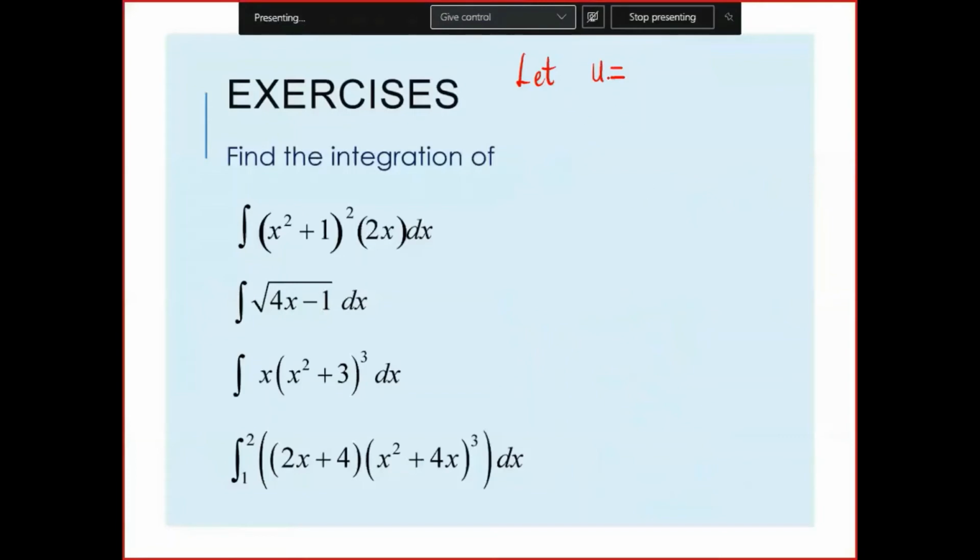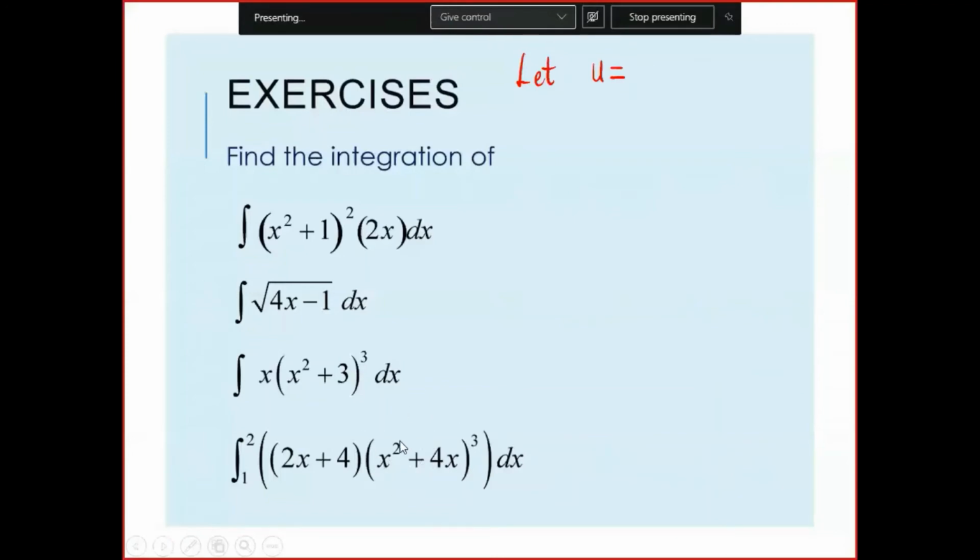Now, how to choose the u? We choose the complicated one. Which one is complicated? Good. So this, the right-hand side, this one is a complicated one. So we are going to choose this one to be the u.